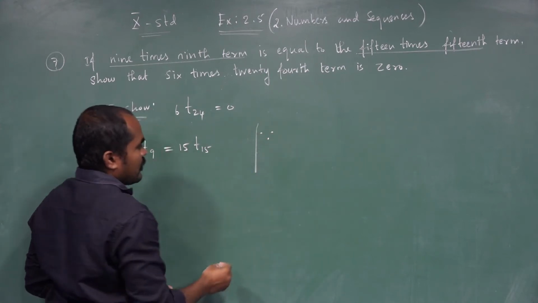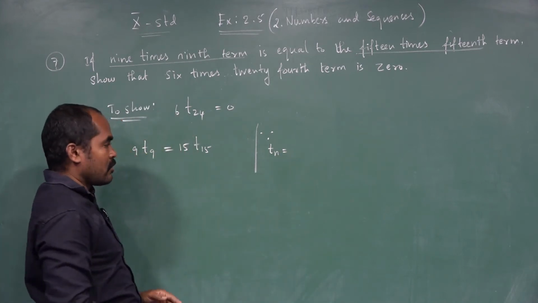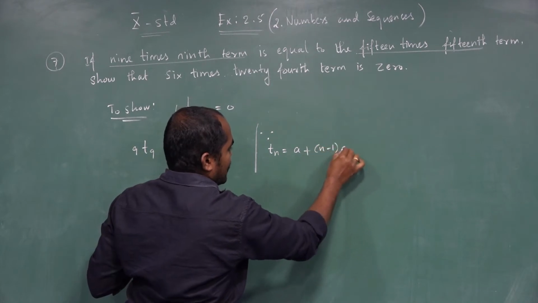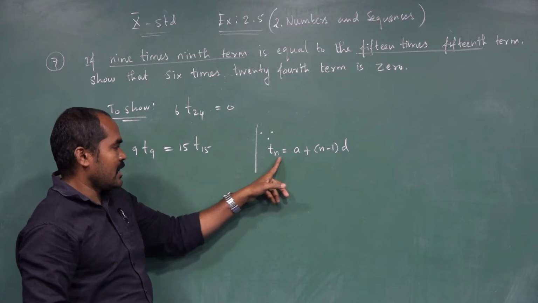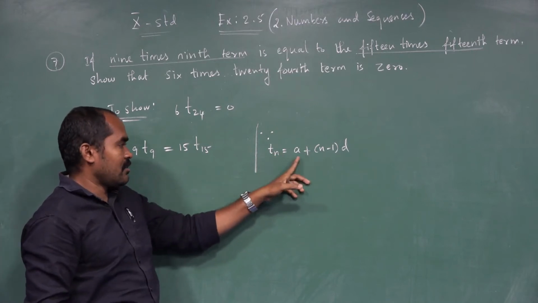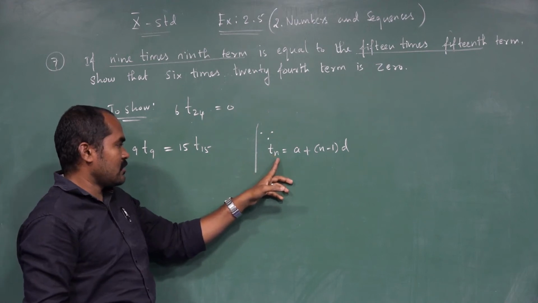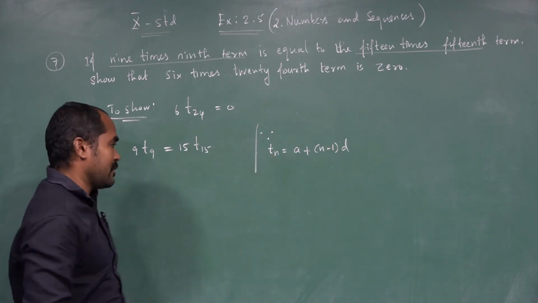Already we know the Tn formula, the general term of an arithmetic progression: a plus n minus 1 into d. For T9, substitute 9 for n, so T9 equals a plus 8d. For the 15th term, T15 equals a plus 14d, because 15 minus 1 is 14.